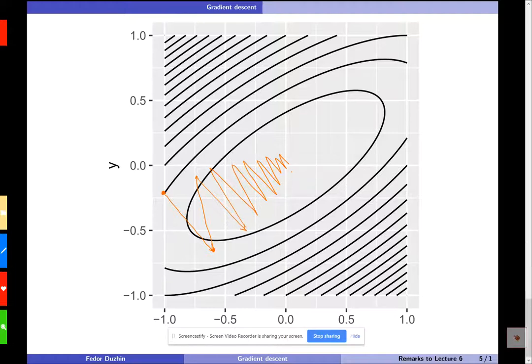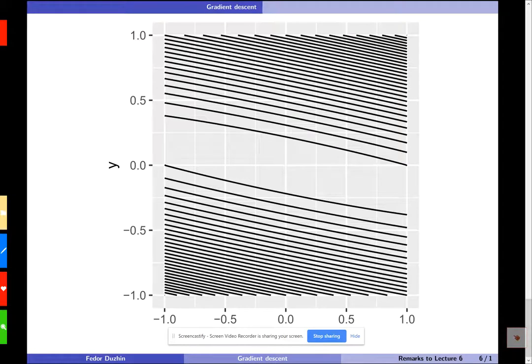Now, what happens if we have an even worse situation? This means our level curves are ellipses with very, very high eccentricity, so very long and very narrow ellipses. Again, imagine that we start here.